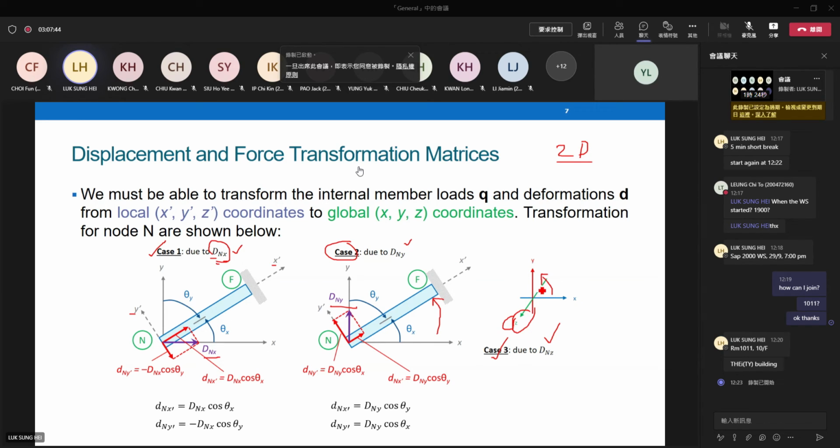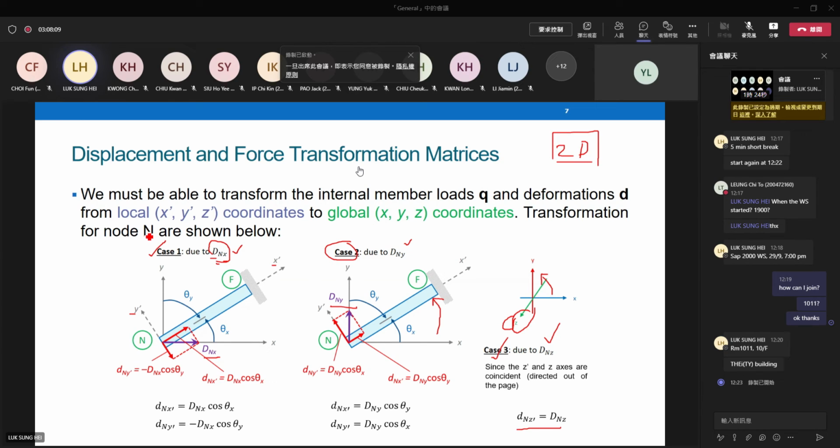So the z-axis needs no conversion: global equals local. This is special because we consider 2D problems, where we only have transformation between x and y, not z.